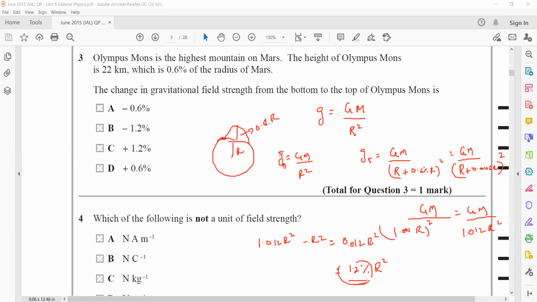As we know, they are inverse squares. So if the distance from the center is increasing, then the gravity should decrease. R squared is changing by 1.2%, so g should decrease by 1.2%. So that's why B is the right answer.